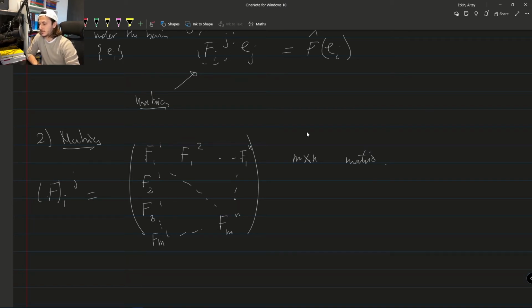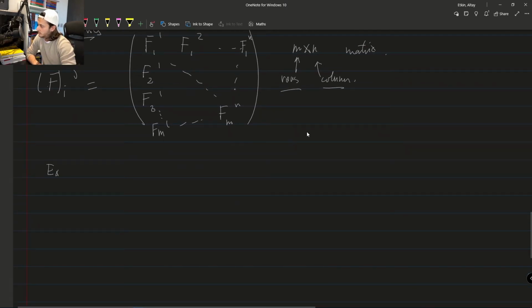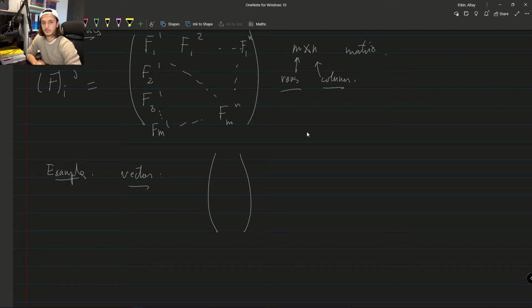And that would mean that you have m rows and n columns. A very quick example, like discussed last time, is vectors. Vectors are columns, so v1, v2 up to vm.